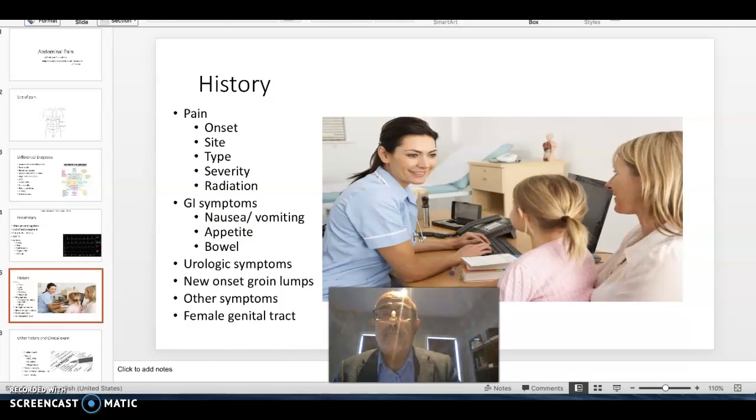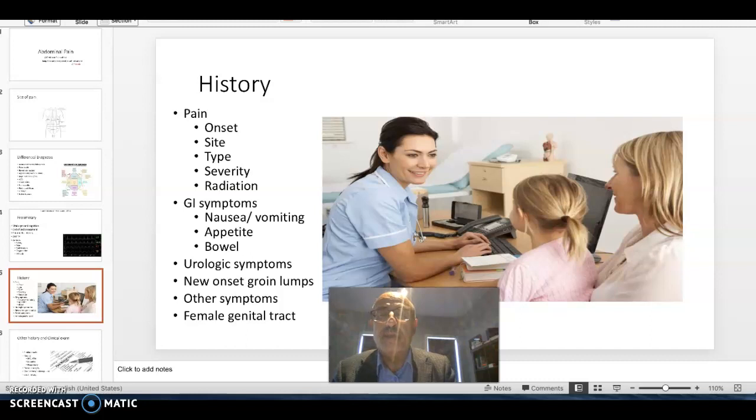Say, was the pain sharp? Is it just dull, like a toothache? Is it sharp, cutting, like cutting with a knife? Is it crampy, like a colicky pain? So try to suggest some words to them if they feel lost and cannot describe it.